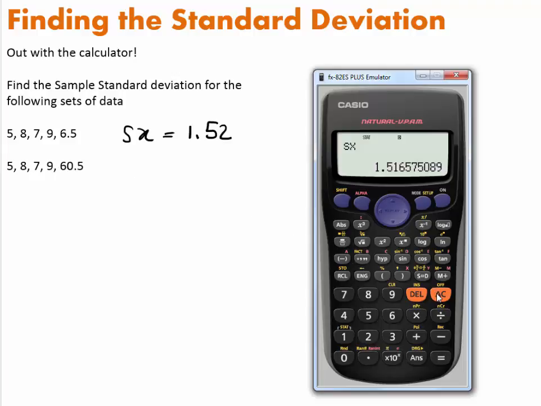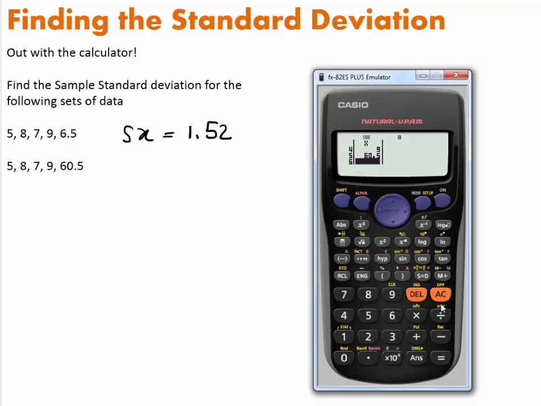So let's do that. I'll do the same process again. We want to clear our calculator, back to stats mode. We're interested in the first one, and we'll enter the data we need. So 5, and this time 60.5.